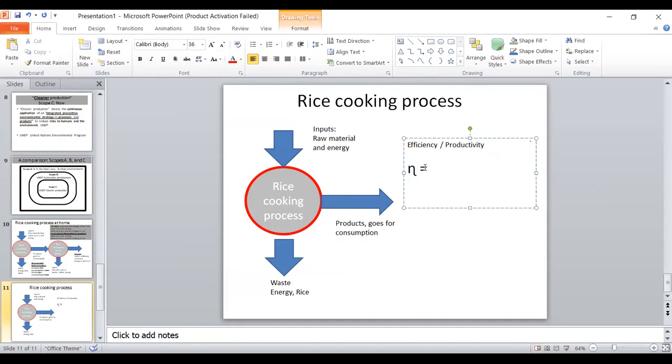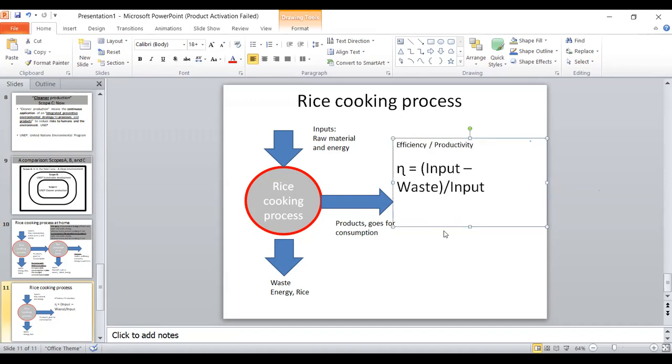I would say this way: input, in general, if it is energy, it's an input, minus the losses or the wastes, against inputs. So if you consider only one type, input minus waste divided by input.